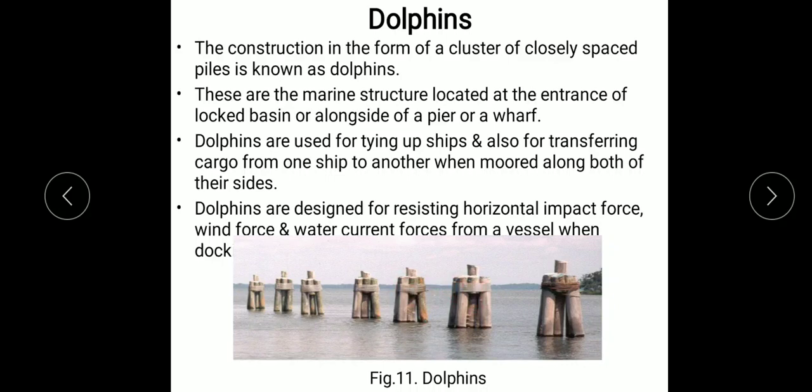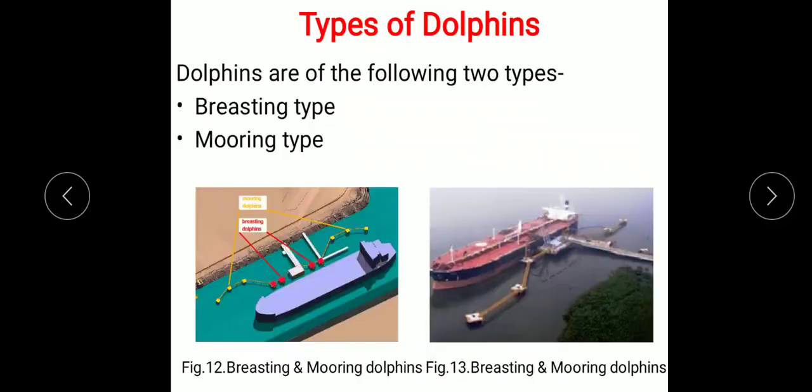Dolphins are designed for resisting horizontal impact force, wind force, and water current forces from a vessel. The types of dolphins, basically dolphins have two types. First type is the breasting type and second is the mooring type.